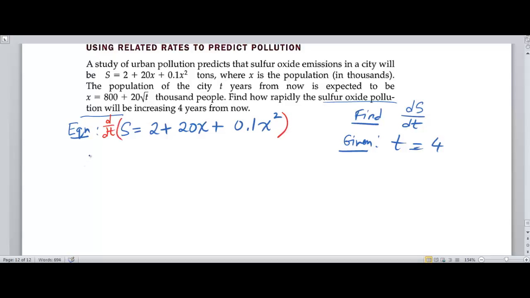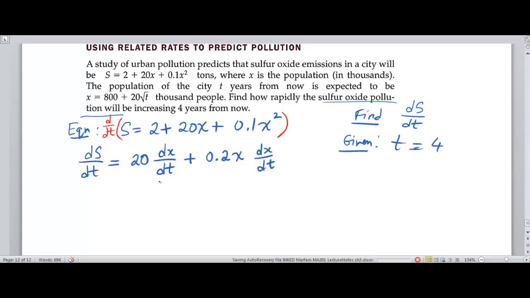Okay, so then I get dS/dt equals, the derivative of 2 is 0, the derivative of 20x is 20 dx/dt, plus this 2 can come out front, multiplied by 0.1 is 0.2x dx/dt. Okay. Now, I don't have dx/dt. They did not give that to me, and they did not give me x.